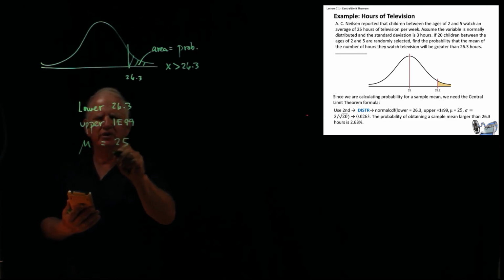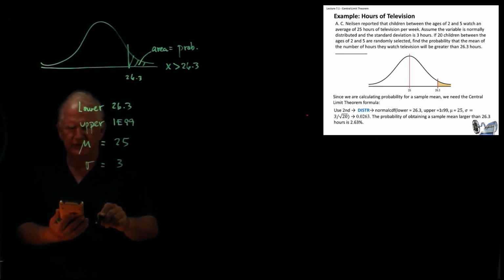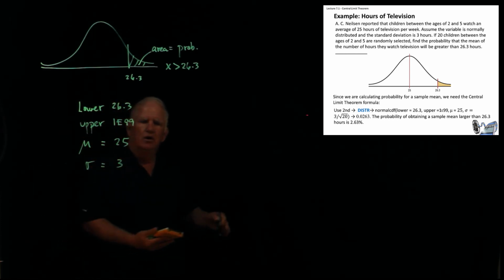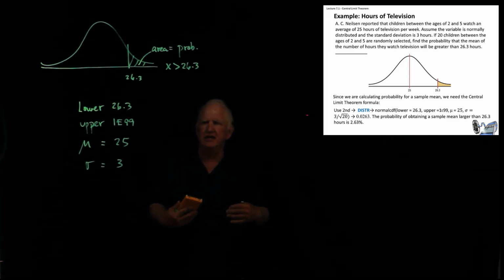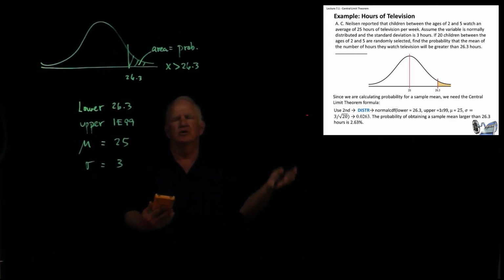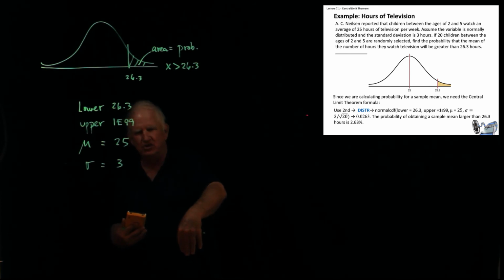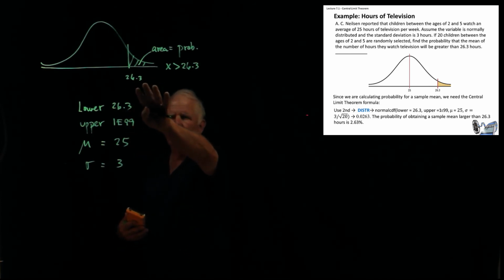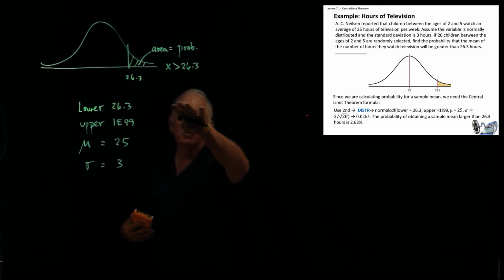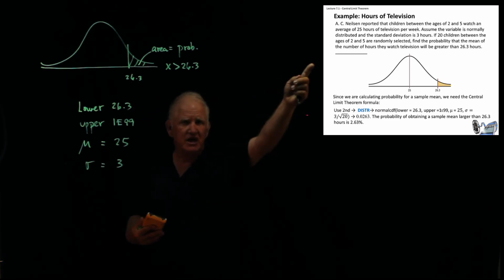Mu is equal to 25, sigma is equal to 3, paste and let's go. Why wouldn't you do that? The reason you wouldn't, it was because that is the answer to the question, what's the probability that a given child watches 26.3 or more hours per week. And that's not what was asked.